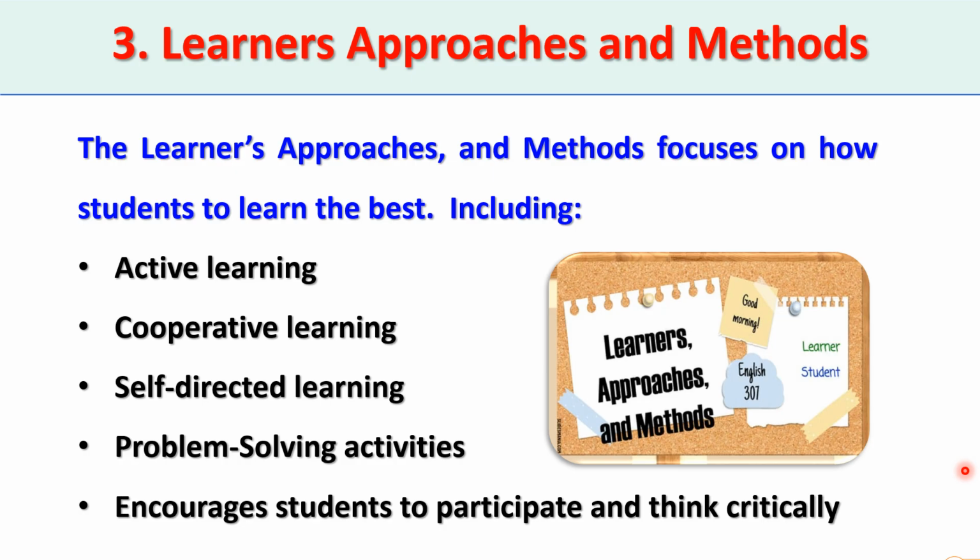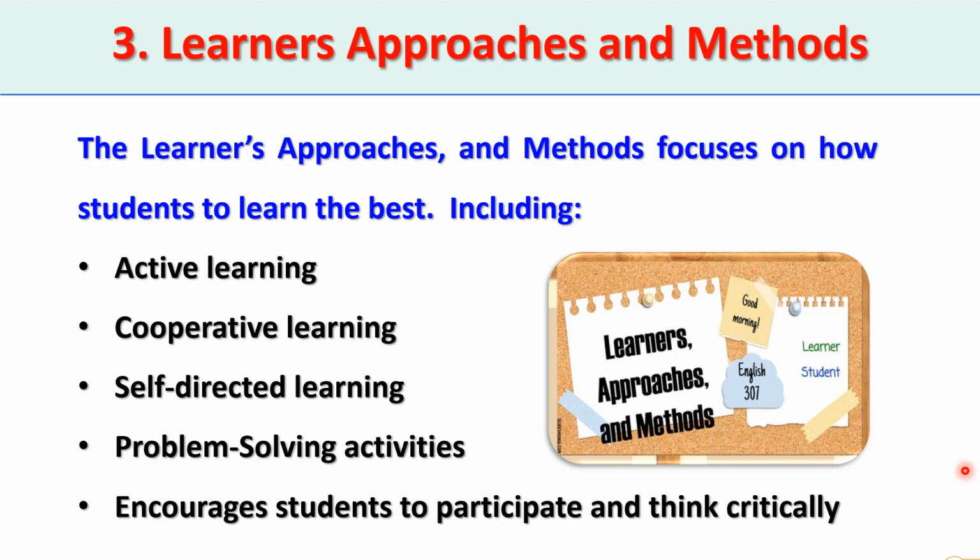And how about cooperative learning? What does cooperative learning mean? Cooperative learning means we cooperate together. Can you give an example? Like students work together in a group. They join working in a group, meaning they need to cooperate.